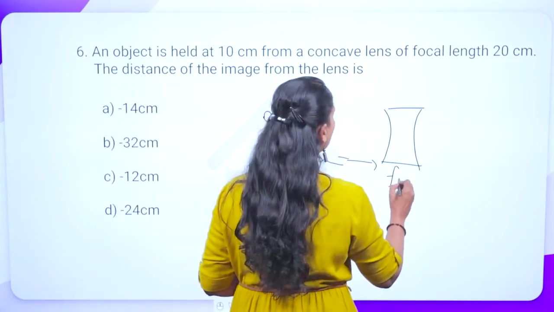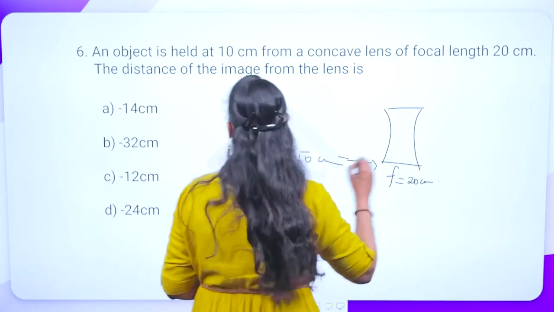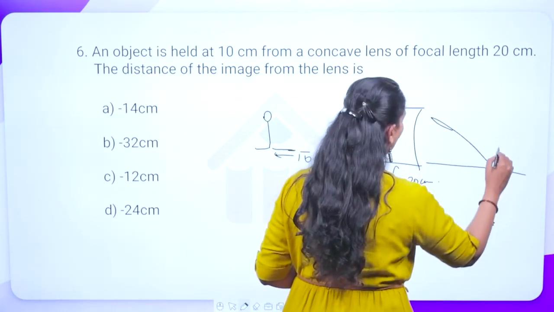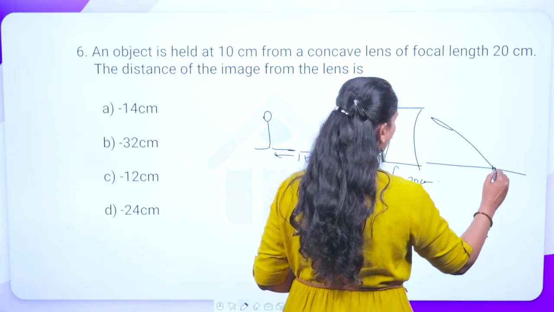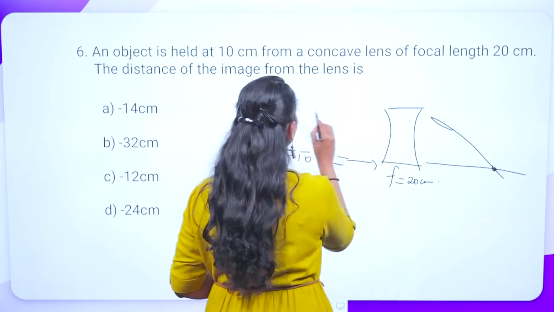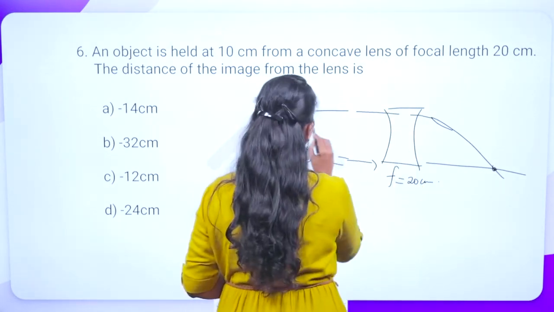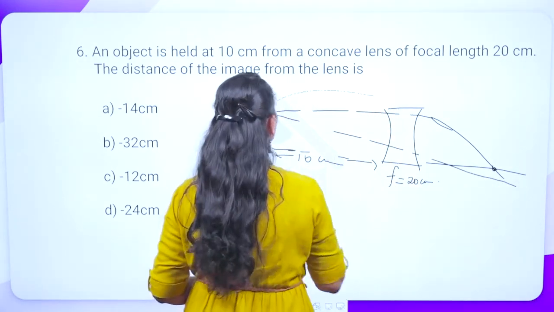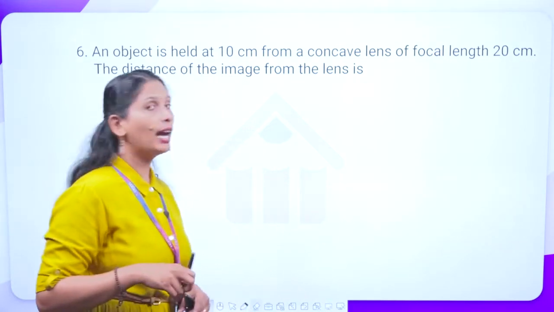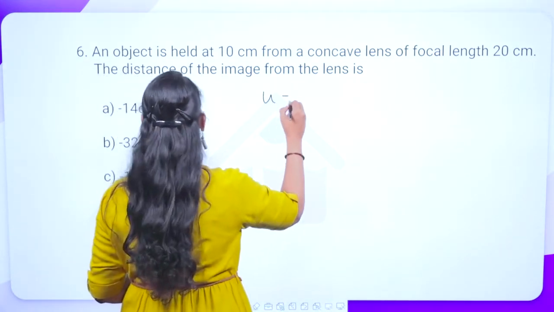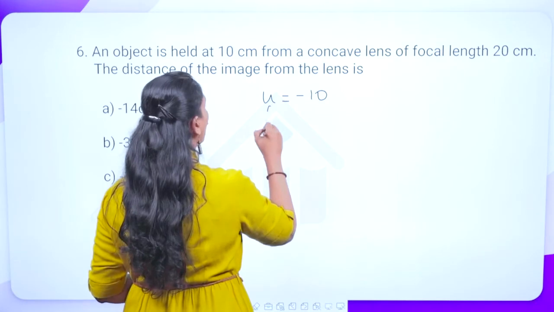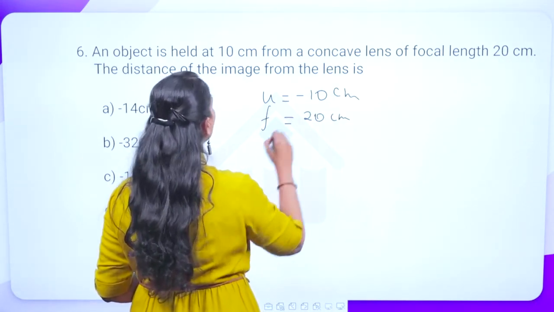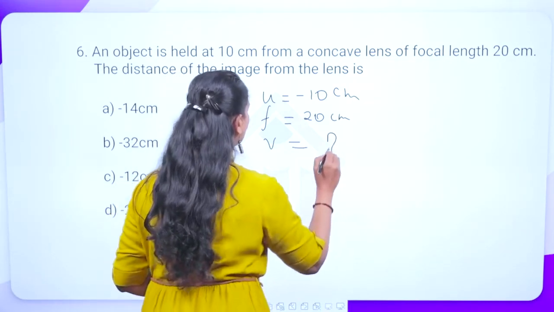The lens focal length is given to be 20 centimeter, and you want to find where the image is formed. So, you have u equal to minus 10, f equal to 20 centimeter, and you are asked to find v.